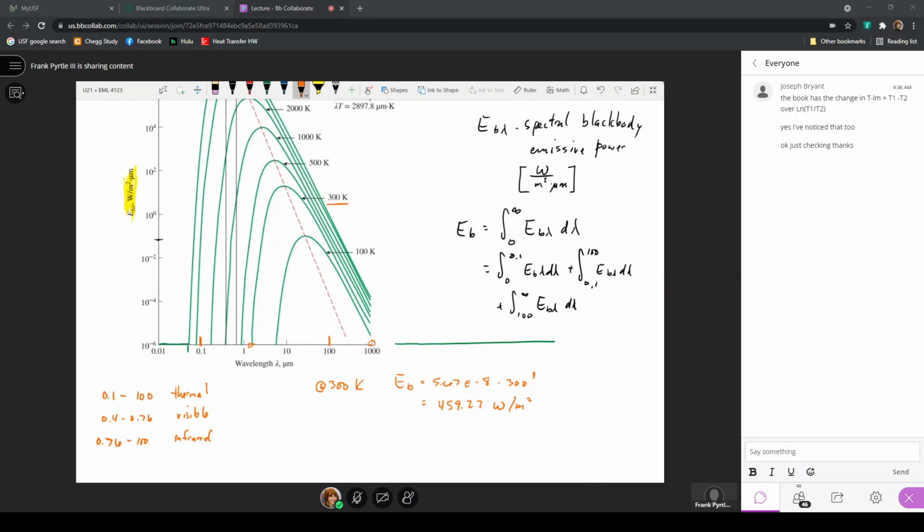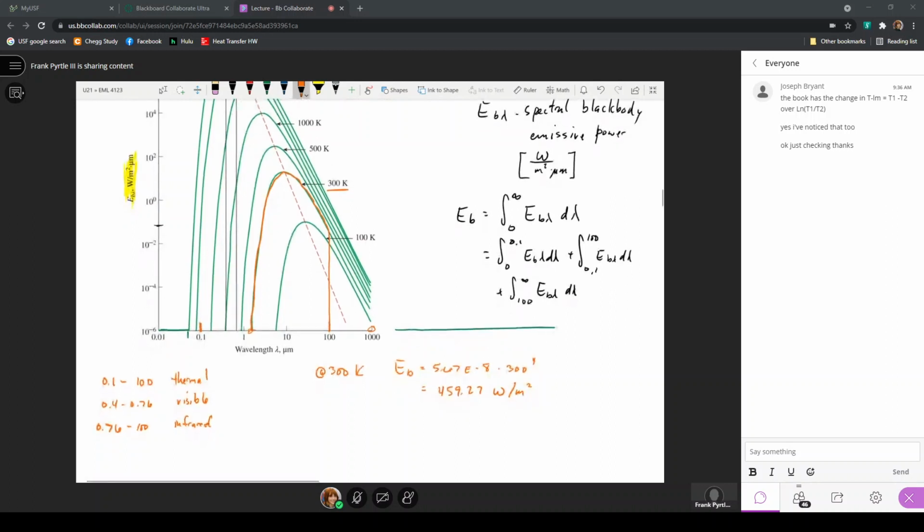Notice I put these designations here. 0.1 to 100 microns is the thermal range. So from this green line all the way to 100, all of this area under this curve would be representative of this black body emissive power. Now, the lowest wavelength at which any of this energy would be emitted at 300 Kelvin is about 2, so that's all infrared, no visible light.